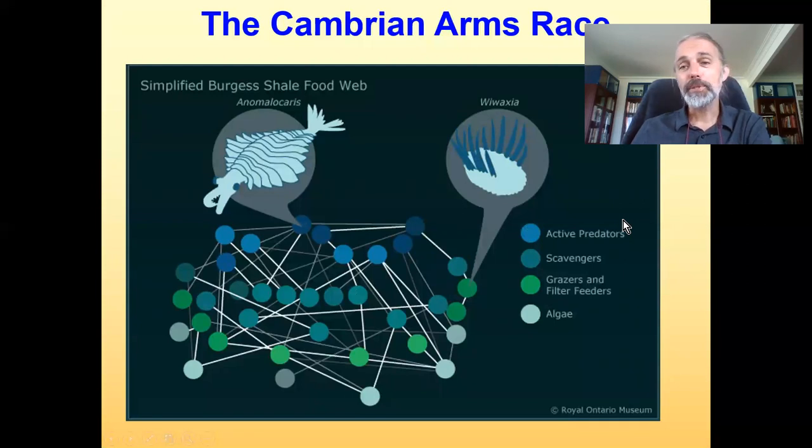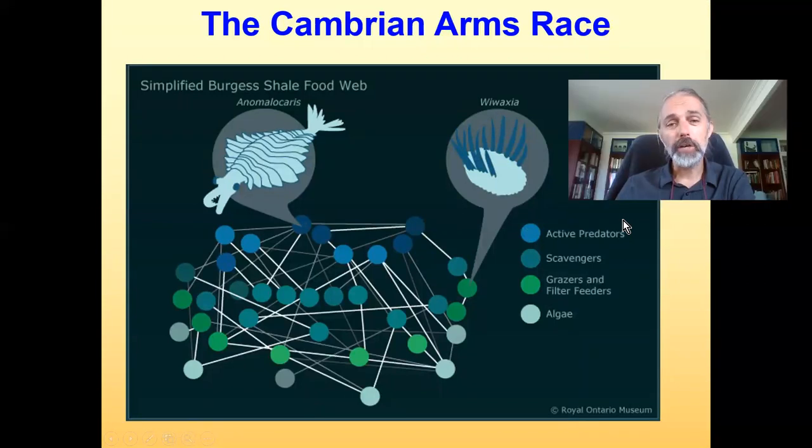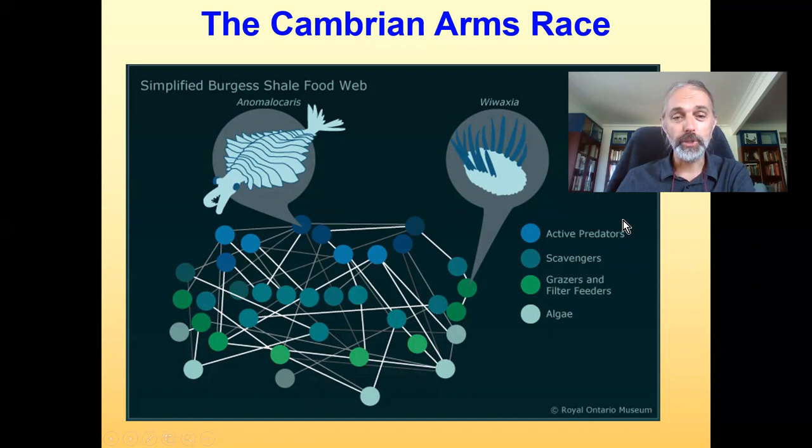Now the Cambrian arms race creates a network of ecological interactions, which is shown here for the Burgess Shale in a very simplified form. At the base of the food web, we have the food, algae. Then we have grazers and filter feeders eating them. Then we have scavengers eating dead creatures and predators, and up here, top predators, eating everything else.